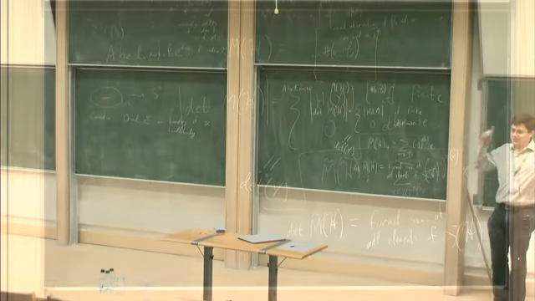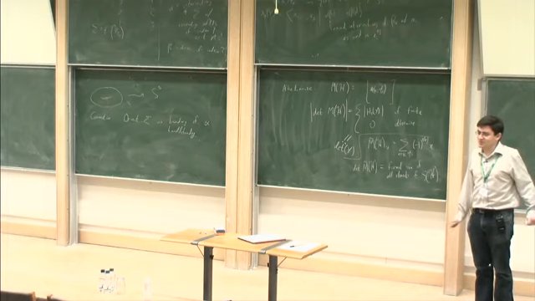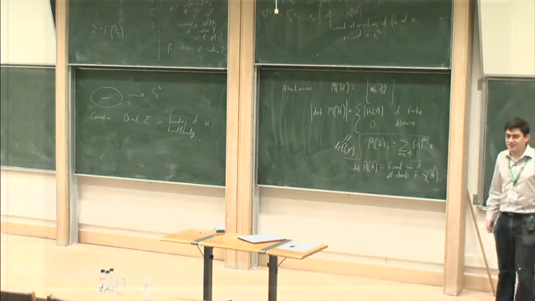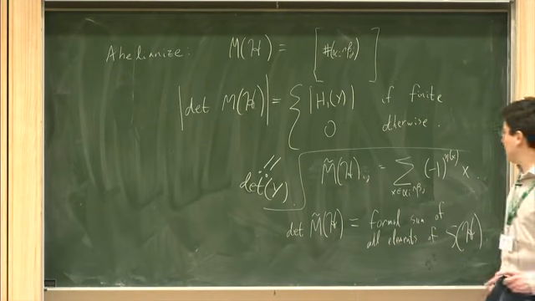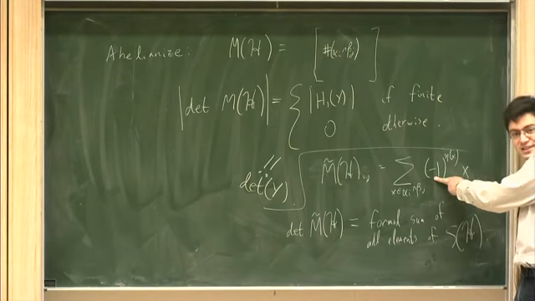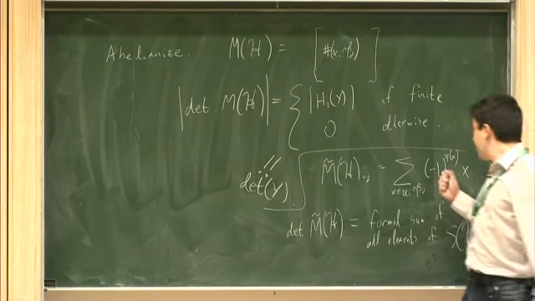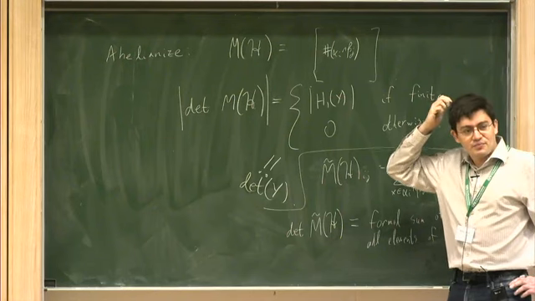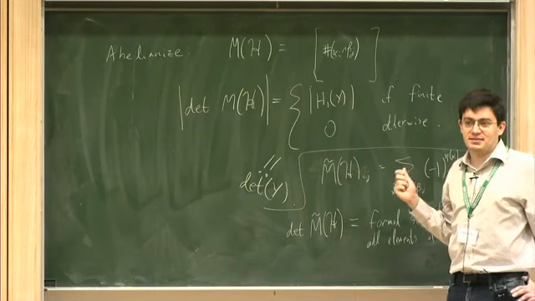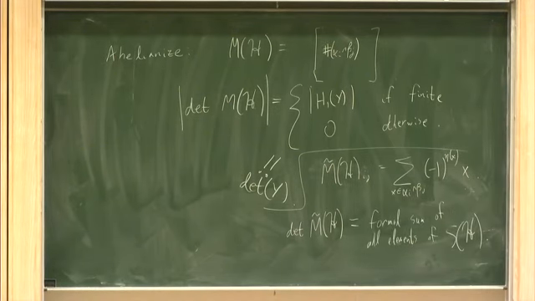If you've taught linear algebra, you've got to teach your students that there are signs involved in a determinant. So these are all going to come with some plus or minus ones, from two sources. One is this local sign of intersection, and the other is the signs that get built into the determinant. And of course, if you've taught linear algebra, you know that your students are probably pretty bad at keeping track of those signs.